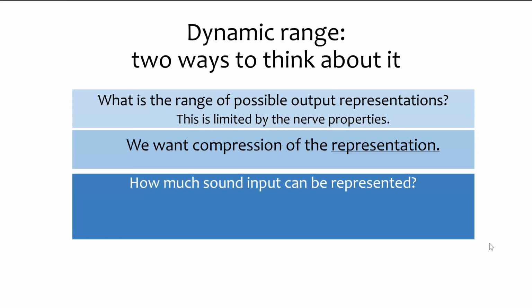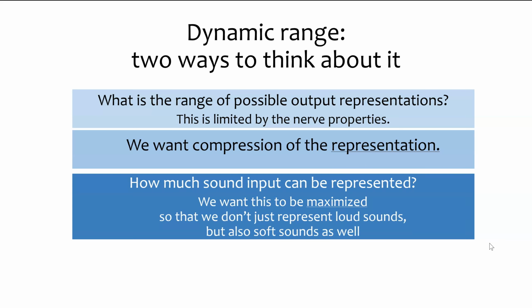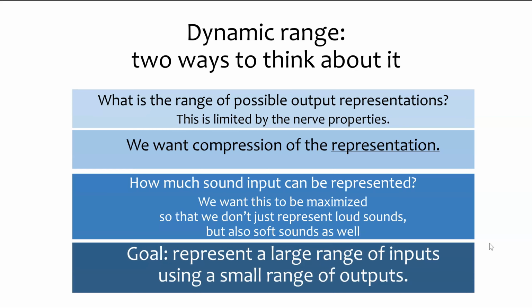Another way of asking this question is, how much sound input can be represented? And we want to maximize this. We know we can hear loud sounds, but if we can maximize the range of sounds we can hear, that means we can extend this downward and also hear the soft sounds as well. So our goal is to represent a large range of inputs using only a small range of outputs. And that's why we call this compression.